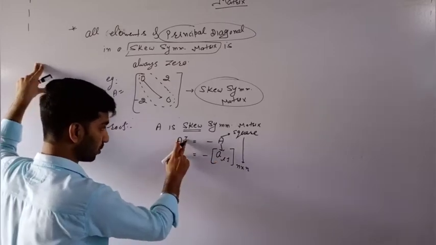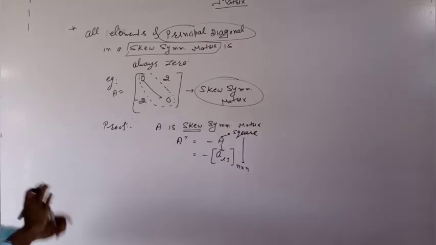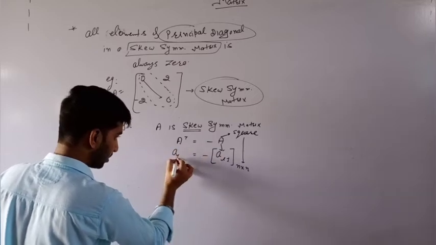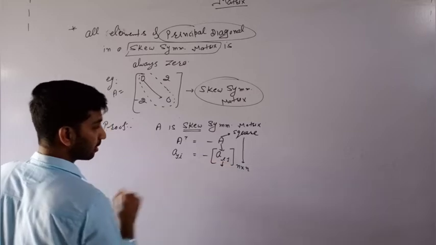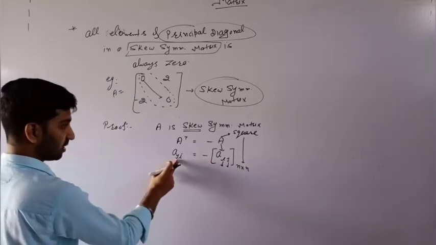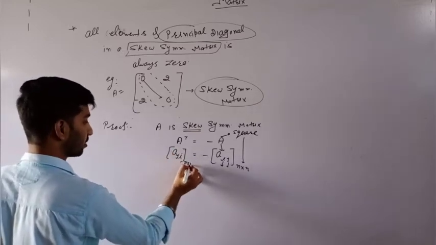The transpose of a matrix is obtained by interchanging the rows and columns. So if A is aij, then the transpose is aji. Changing row and column, the order will be n cross n.